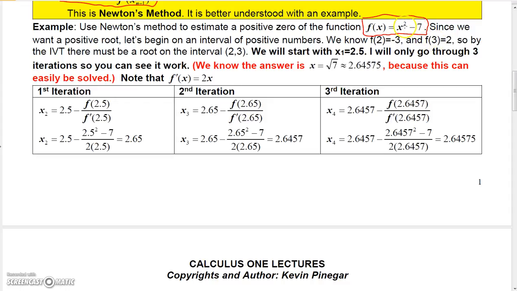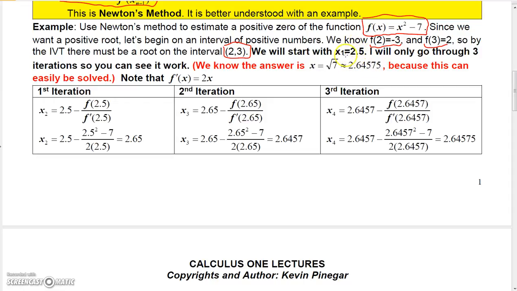And if you plug 3 in, f of 3 is positive 2. So f of 2 is negative and f of 3 is positive, so by the intermediate value theorem, there must be a root in this interval. So we're going to start by choosing the point halfway between 2 and 3, 2.5.